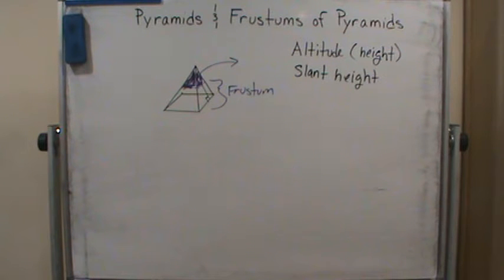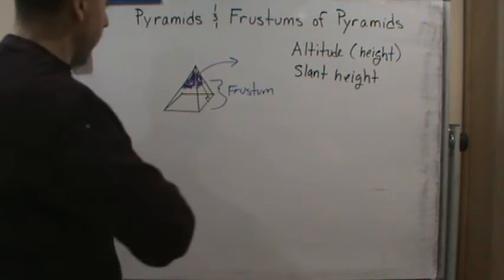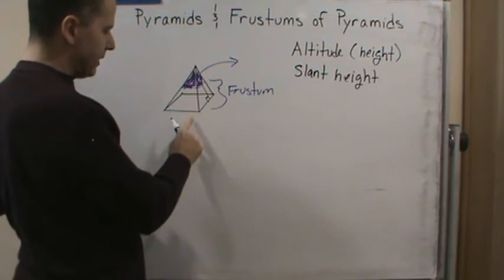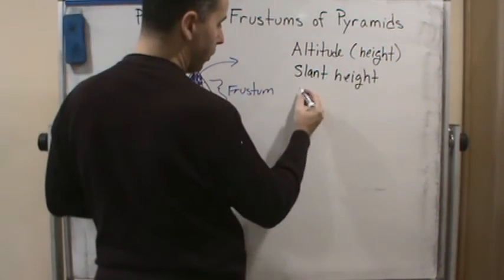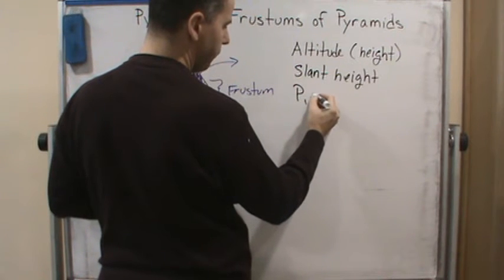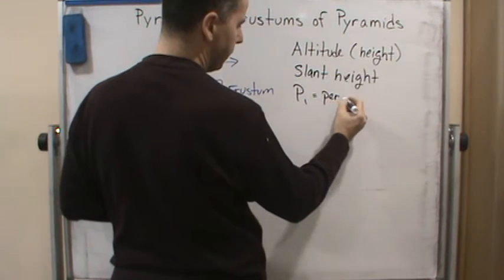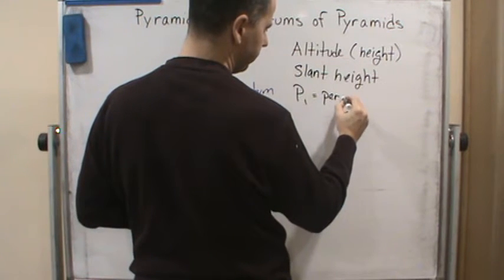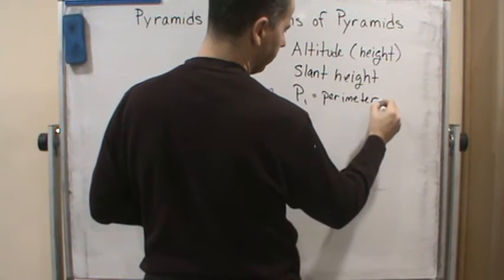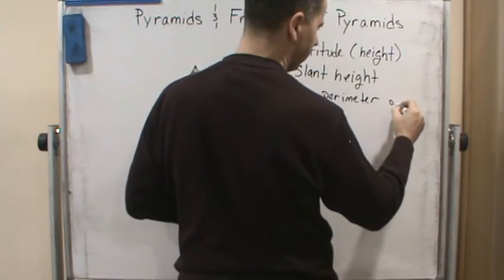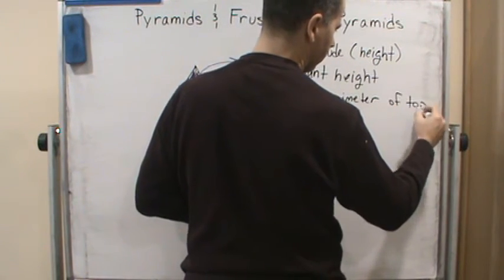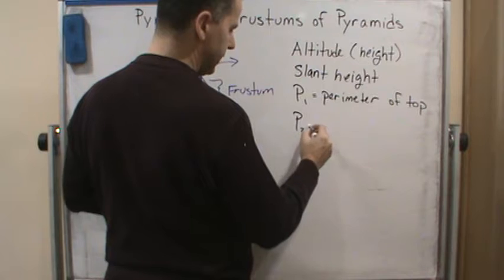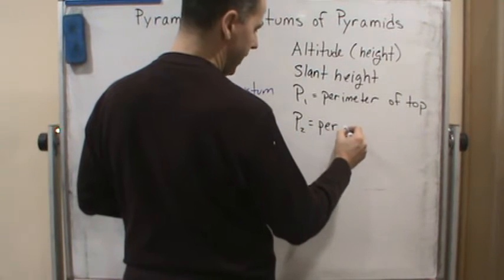Now we've got two bases to deal with: the top base and the bottom base. So that means we're going to have two perimeters. We're going to have P1, the perimeter of the top base, and then we've got P2, which we're going to call the perimeter of the bottom base.